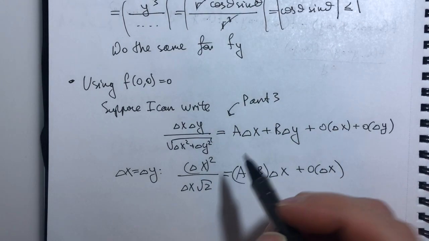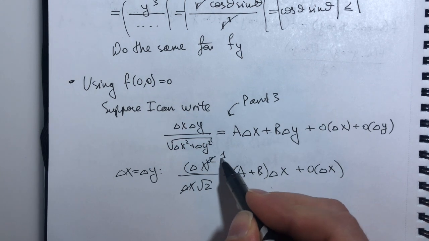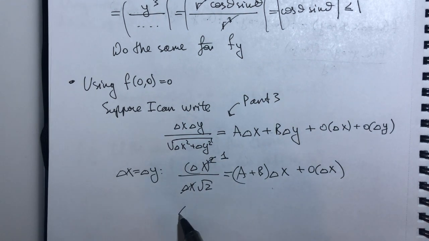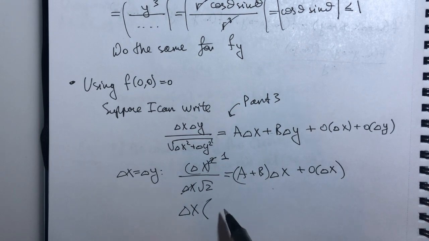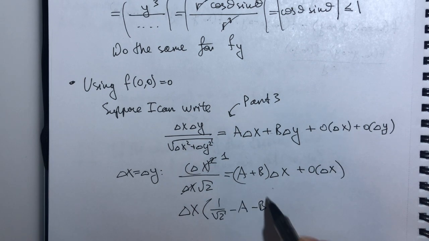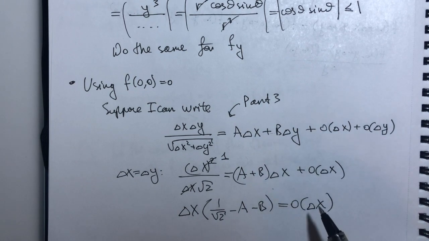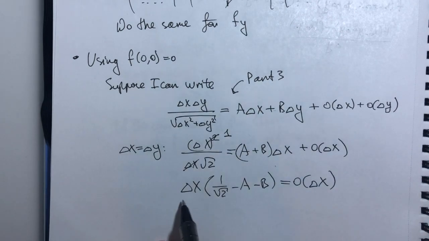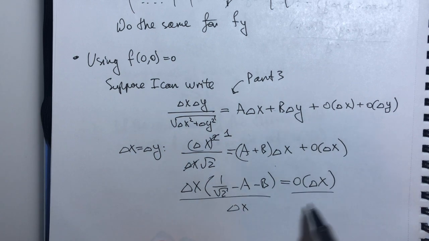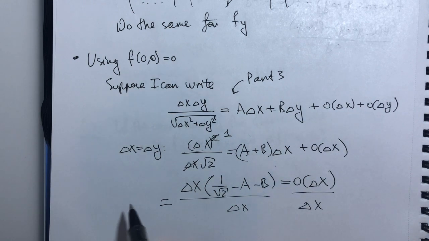And again, delta x cancels, this becomes 1. If I bring everything to the left-hand side, I get 1 over root 2 minus a minus b should be equal to little o of delta x. And this is again not true, because as I divide by delta x, this becomes a constant.